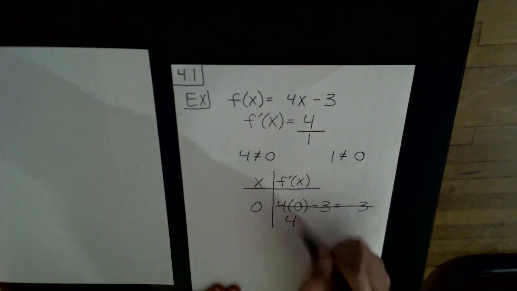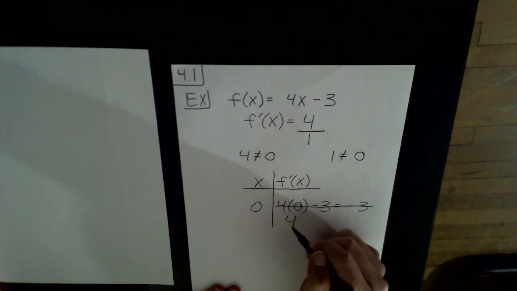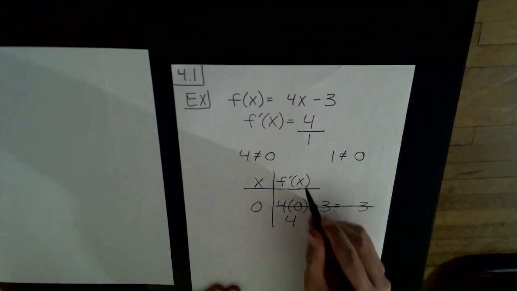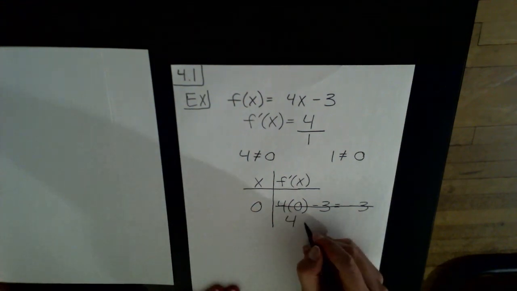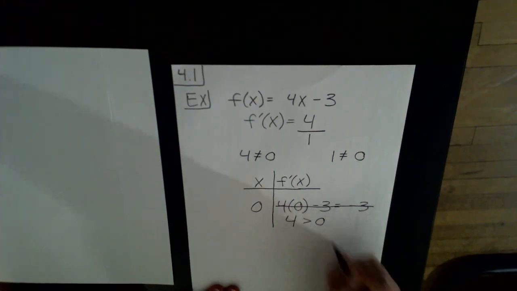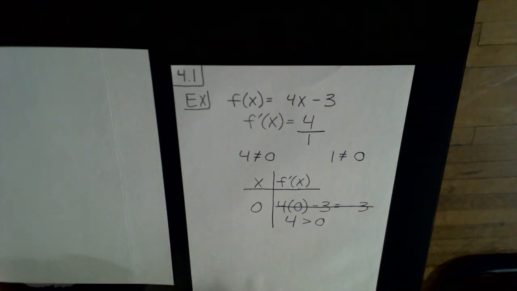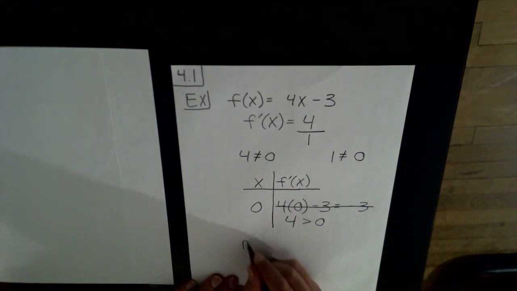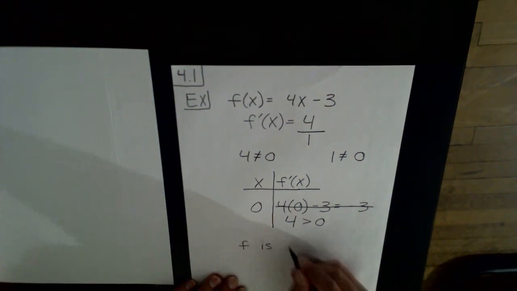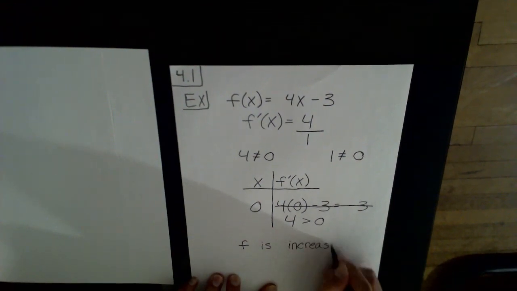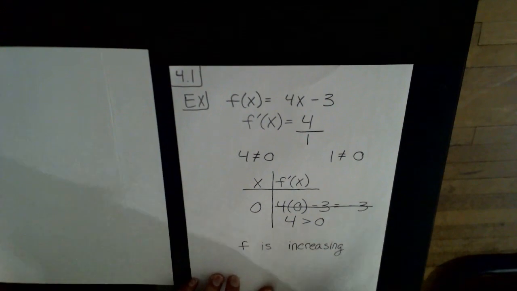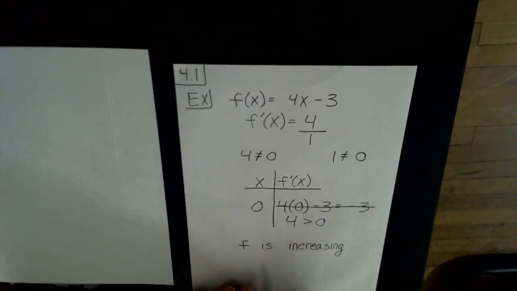The derivative is always equal to 4. No matter what x value we pick, f prime of x will always equal 4, which means f prime of x will always be greater than 0. So f is increasing no matter what x value we pick.